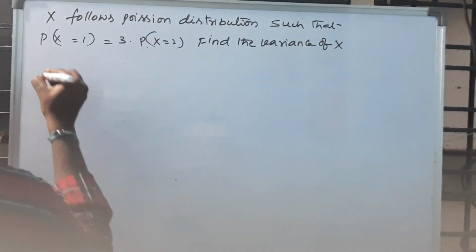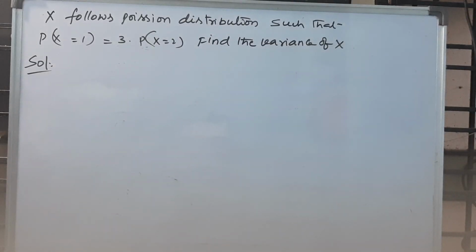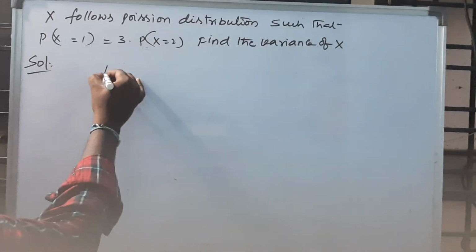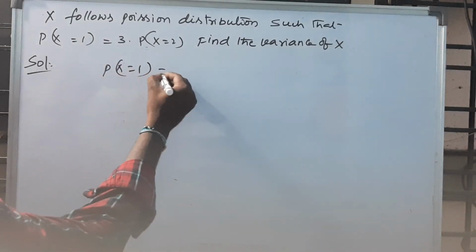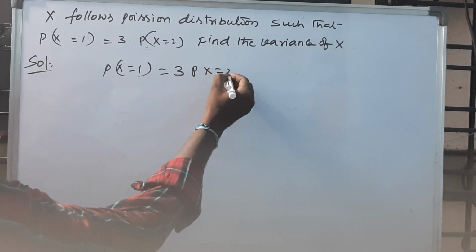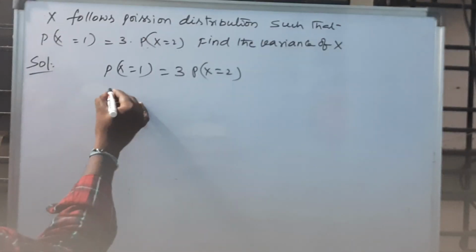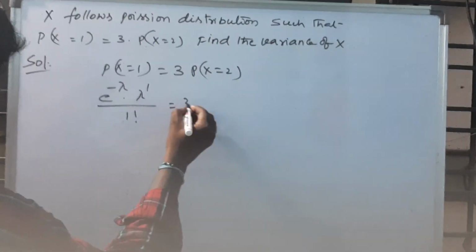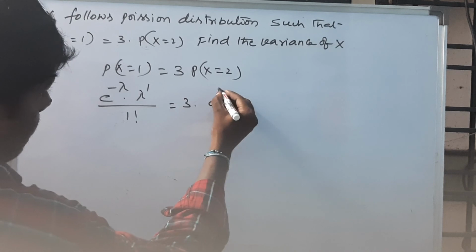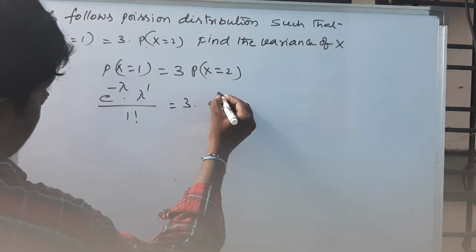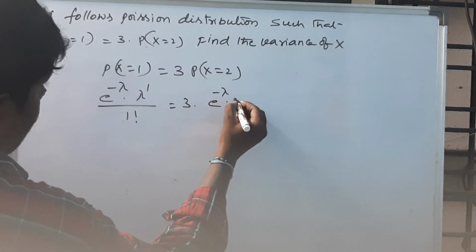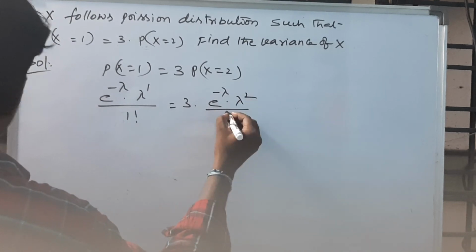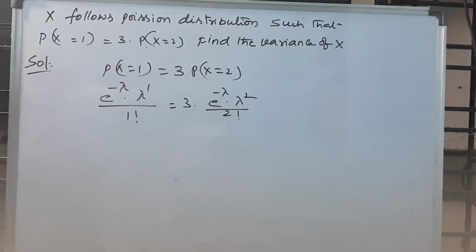So here what is given? P of x equal to 1 is equal to 3 times P of x equal to 2. Here apply Poisson distribution, Poisson law. So e power minus lambda into lambda power 1 by 1 factorial is equal to 3 into e power minus lambda into lambda power 2 by 2 factorial.